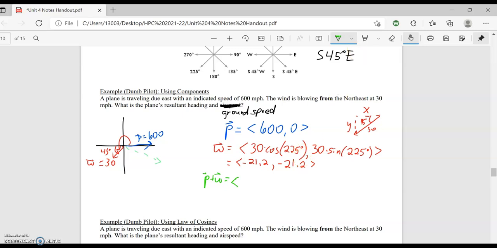And in that case, 600 minus 21.2, we get 578.8 roughly. 0 plus negative 21 gets us to negative 21. So we have the final resulting vector after the wind is taken into account. That 578 means we're not quite as long of a vector in the x direction as the p, but we're also down 21. So we're going to be somewhere down there like that, and that's our p plus w.